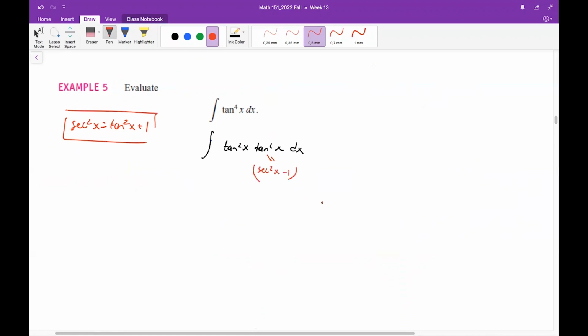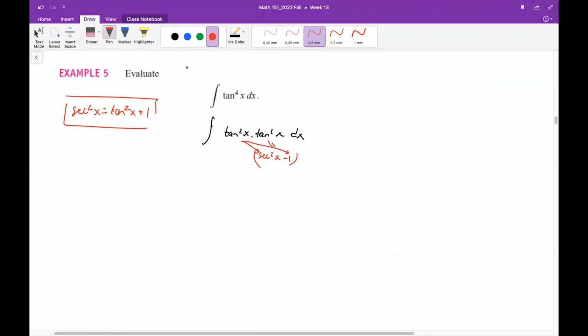After inserting this and doing this multiplication, you will multiply tangent square x with the first expression and then the second. What you obtain is the integral of tangent square x secant square x, and then minus one more tangent square x dx, right?